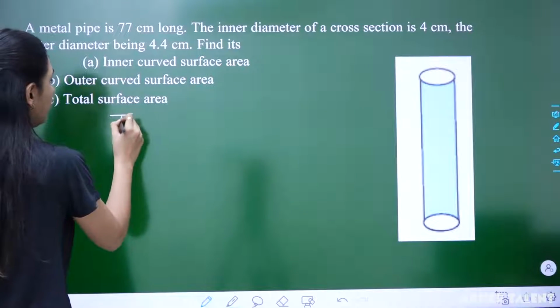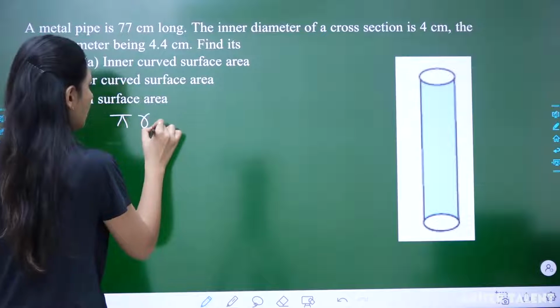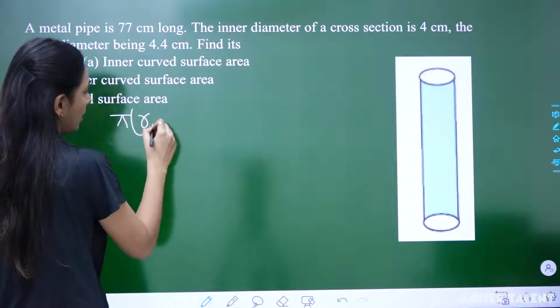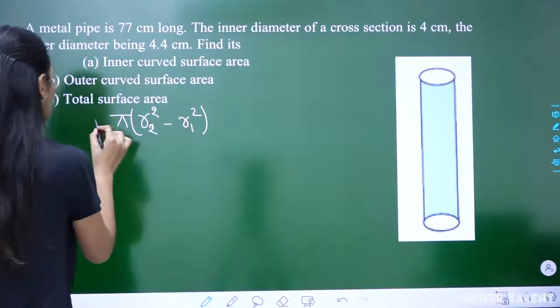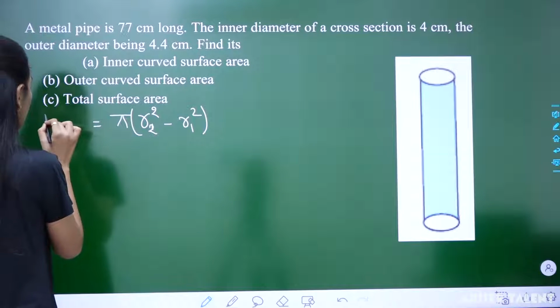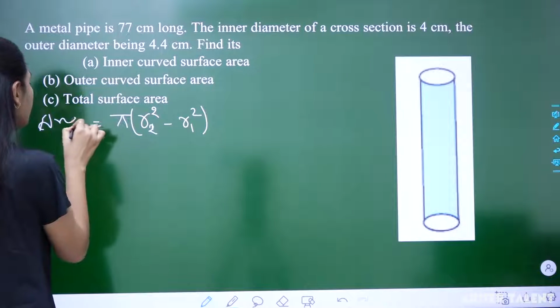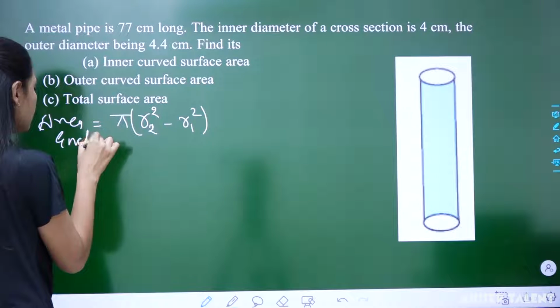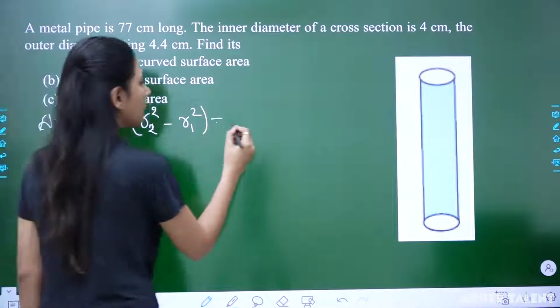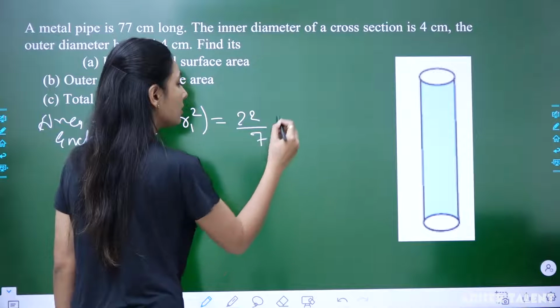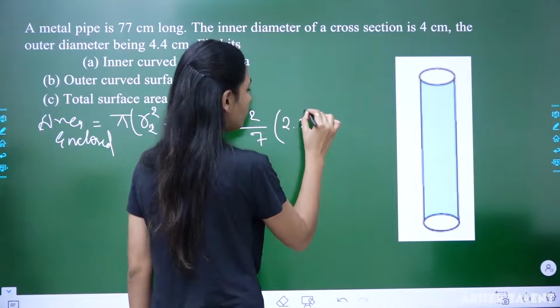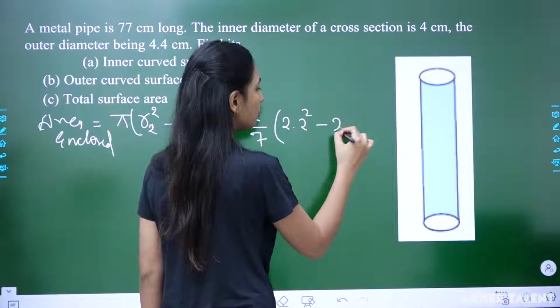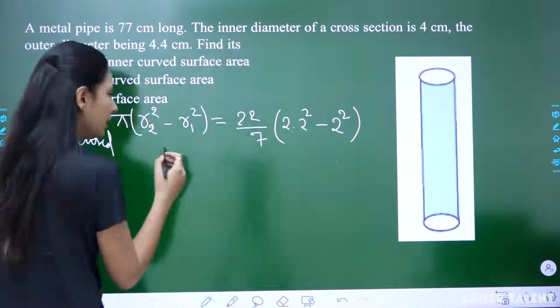Now, pi times R2 square minus R1 square, which is the area enclosed by the circles, will be 22 by 7, R2 is 2.2 whole square, R1 is 2 whole square. Calculate it.